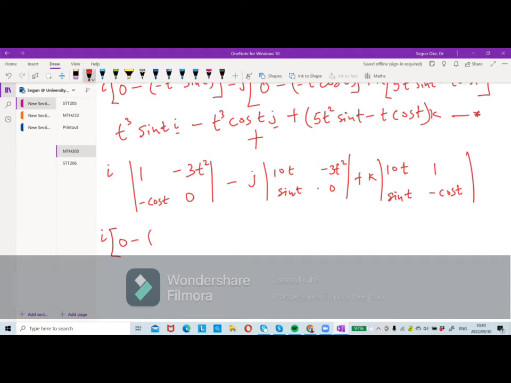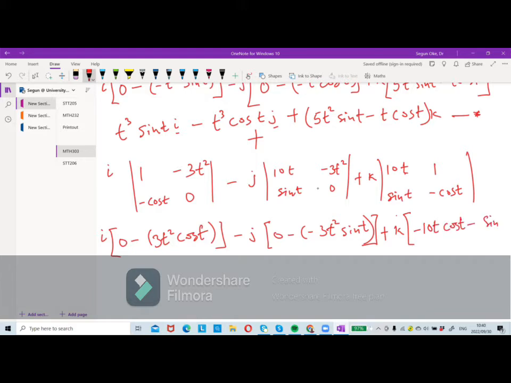So you have 3t squared cos t, minus j, 0 minus 3t squared sine t, minus, there's a plus k in brackets, negative 10t cos t minus sine t.